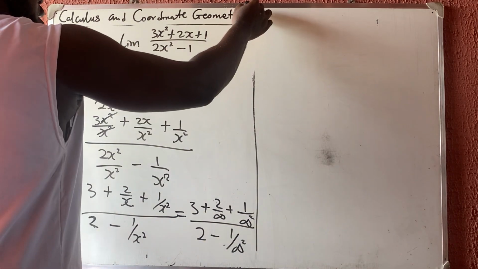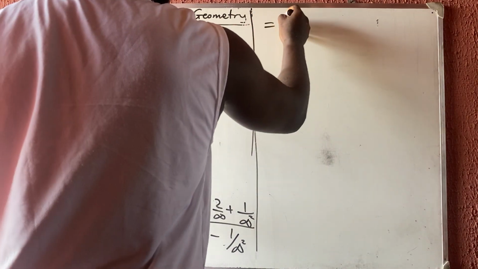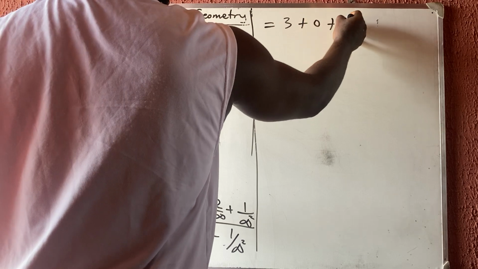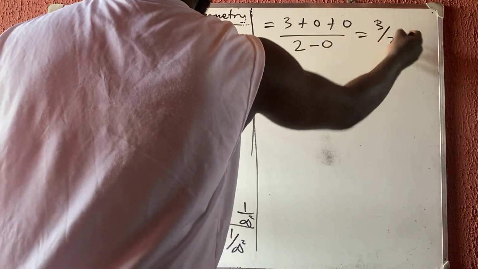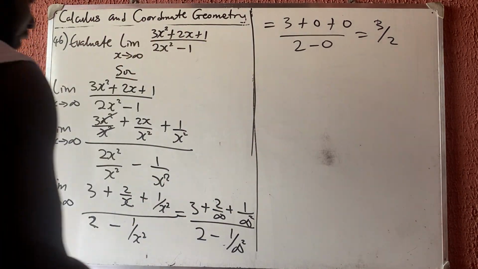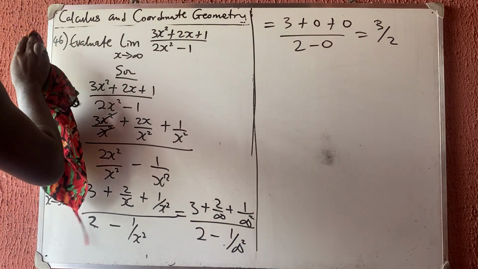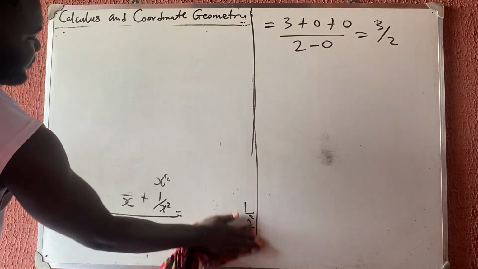But anything divided by infinity is 0. So I have 3 plus 0 all over 2 minus 0. So you see that finally the answer is 3 over 2. So instead of taking all this process, just take the coefficient of the highest degree of x, and that is your answer.